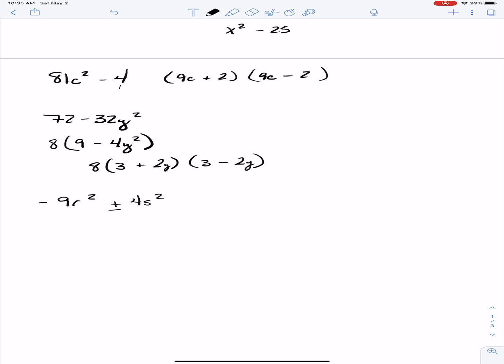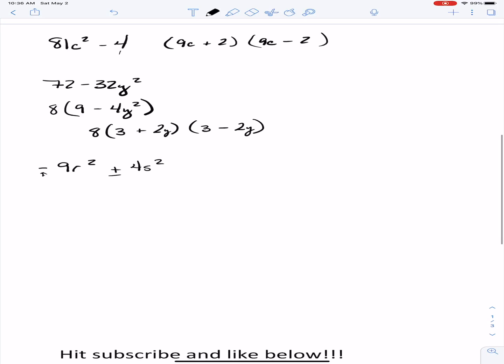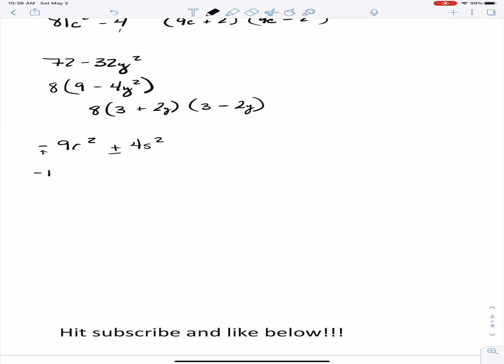I'm not going to give up because I notice that my first term is negative, so I can actually factor out a negative 1. So let's factor out a negative 1 out of this problem. So I'm going to pull a negative 1 out. That's going to give me 9r squared minus 4s squared. And now we match the difference of two squares pattern.